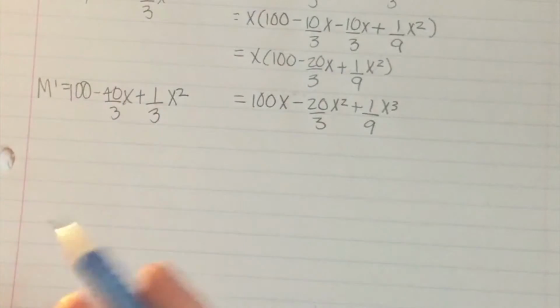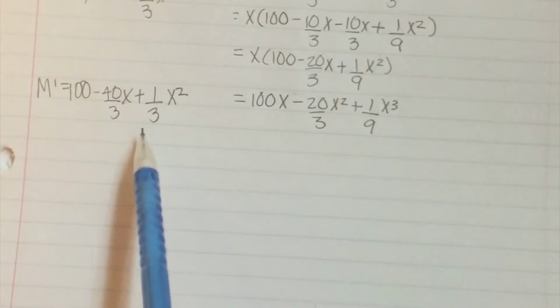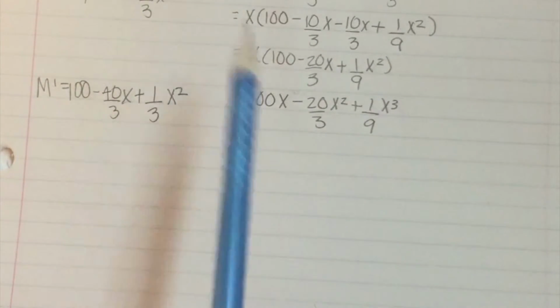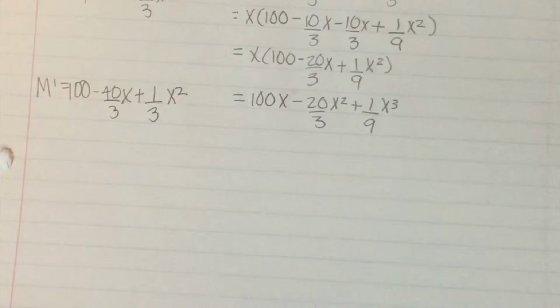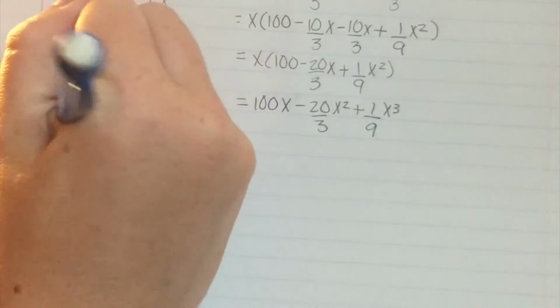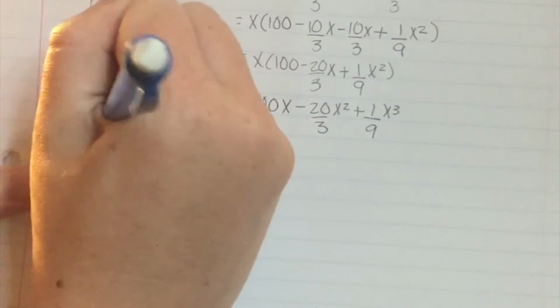So all in all, the derivative of our function is 100 minus 40 over 3 x plus 1/3 x squared. The next thing that we need to do is set our derivative equal to 0 so that we can find the values of x that make it equal to 0.